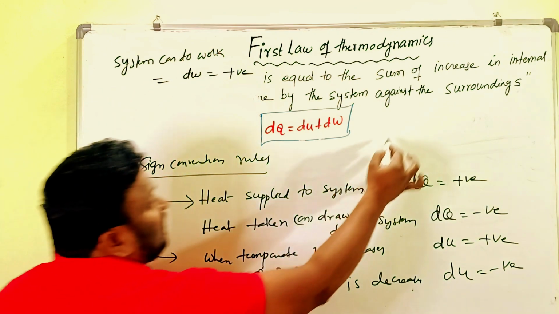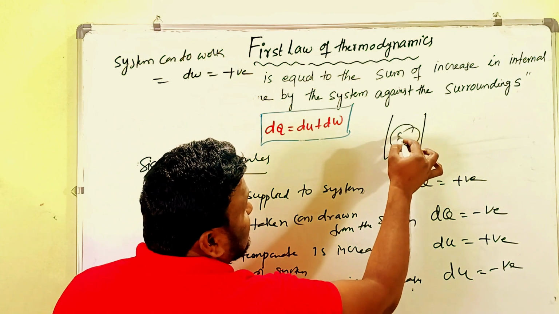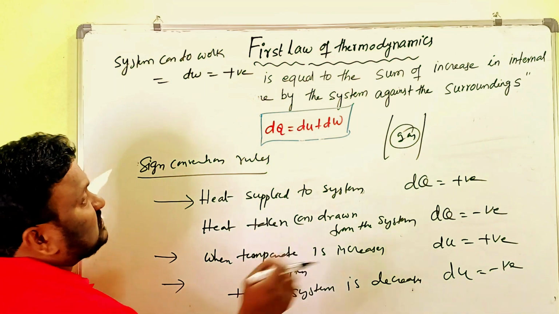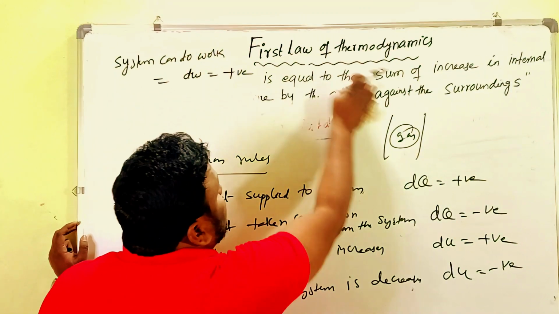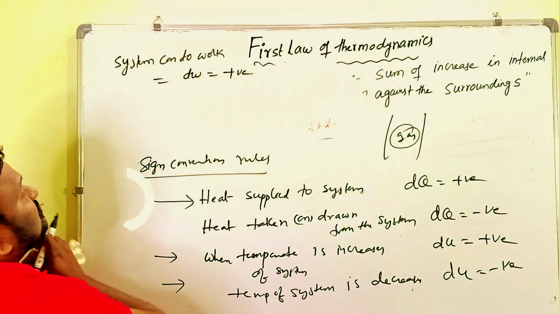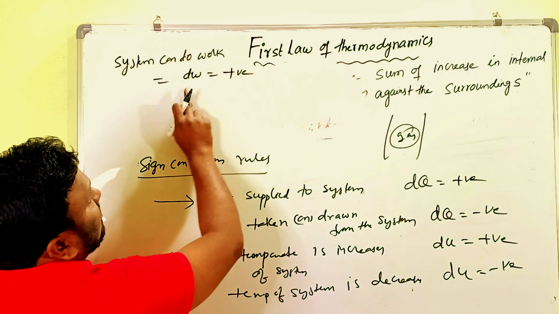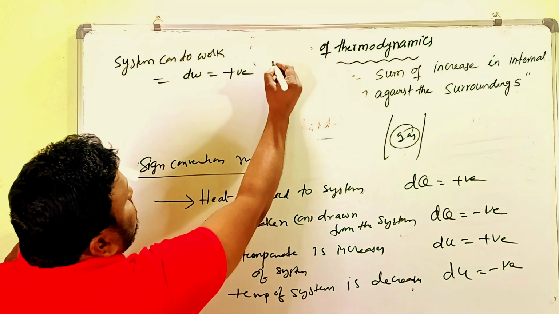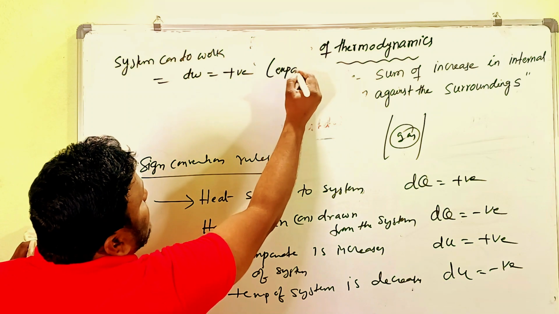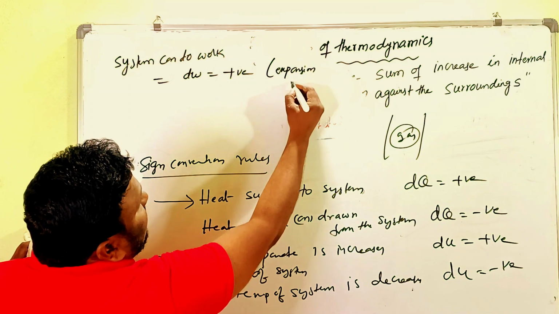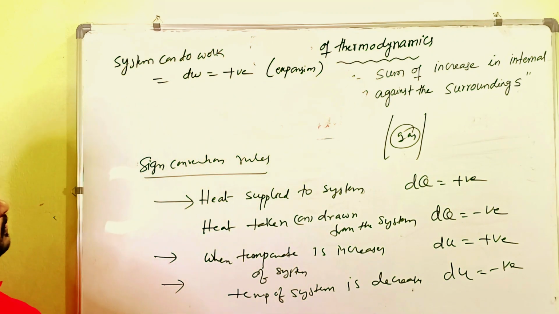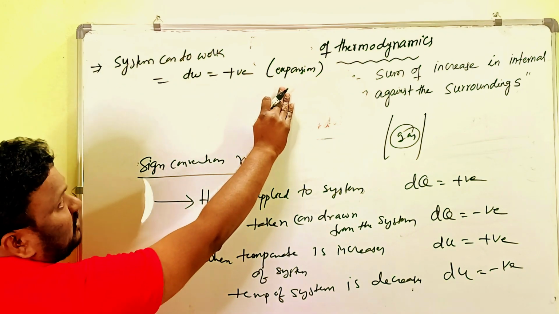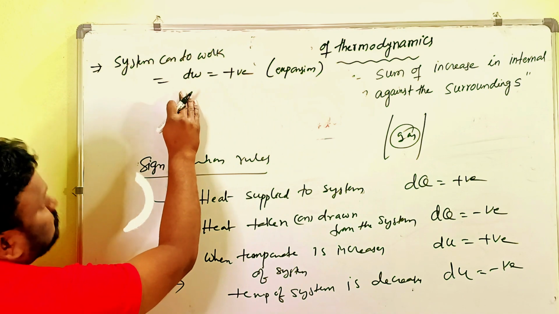For example, if a container has some gas in it and that gas is doing some work, it means the gas is going to expand. The system can do work, so dw is positive. Expansion of gas or liquid takes place, so the work is positive.